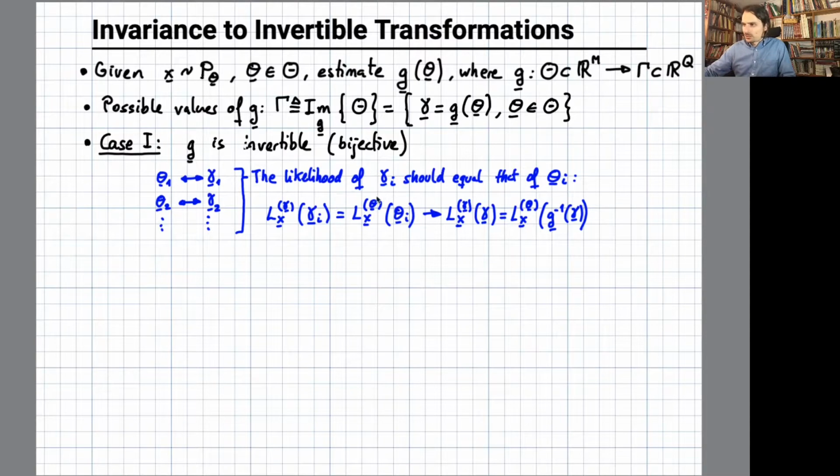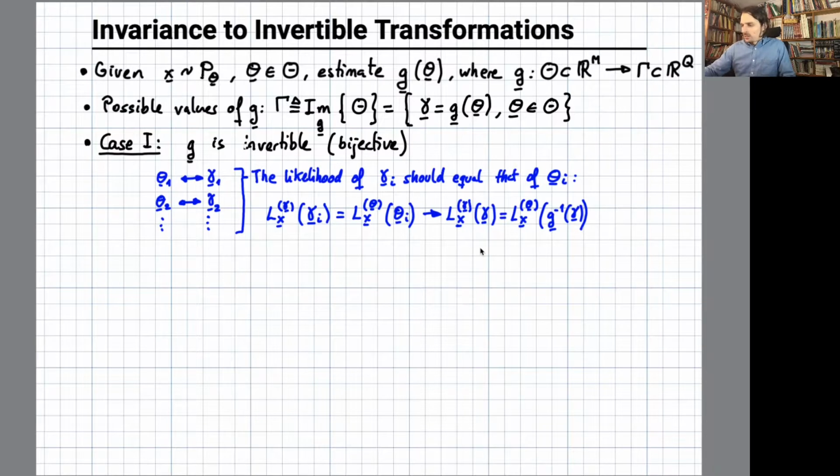I just use here this superscript theta to emphasize that it expects values of theta as argument. Okay. So this expression can be written more generally in this fashion here, where we can plug an arbitrary gamma here, right? And therefore we just evaluate our likelihood function of theta at g inverse of gamma.